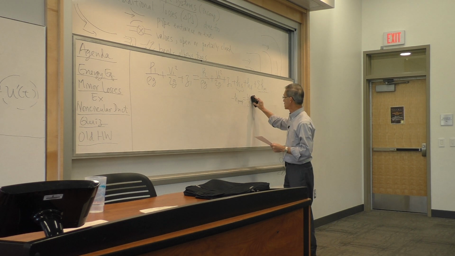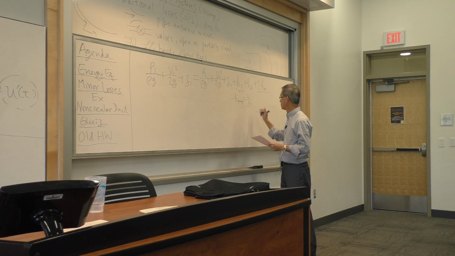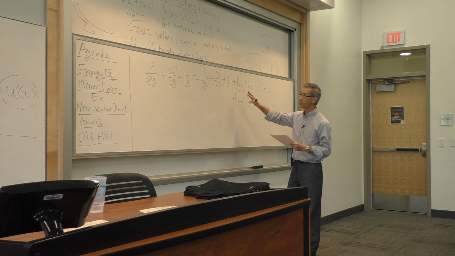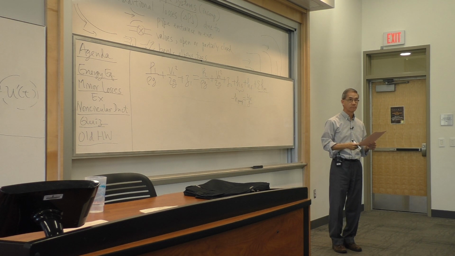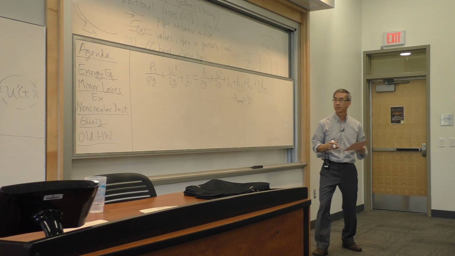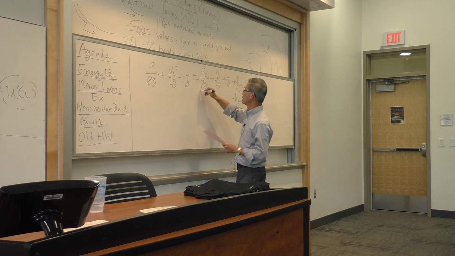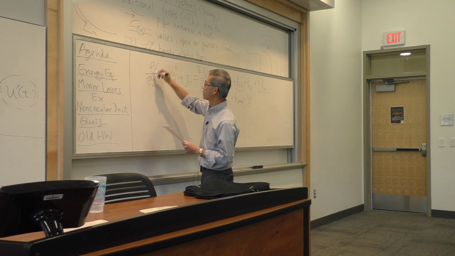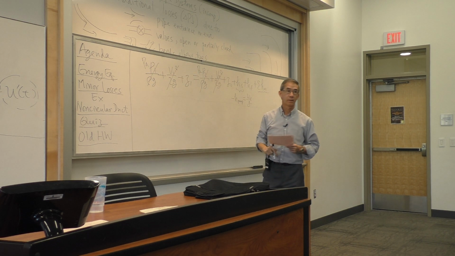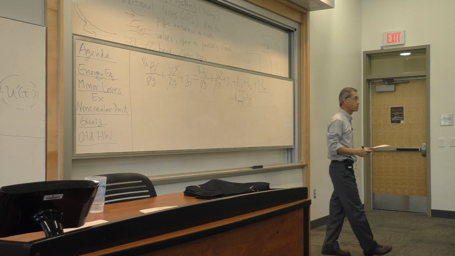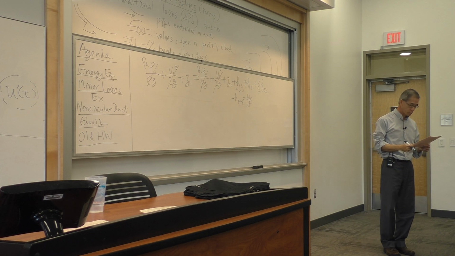I think I better change the subscript to make them more consistent. So any question on this energy equation? I hope you can see the simplification very quickly. Pressure drops out because they're both ambient. Velocity at the surface of the tank is so small that it's negligible.